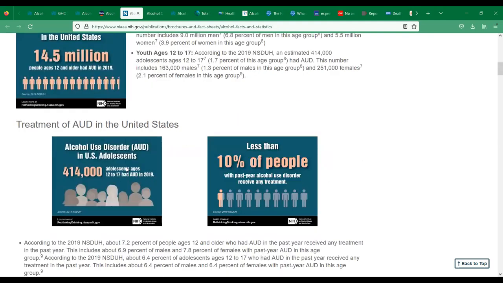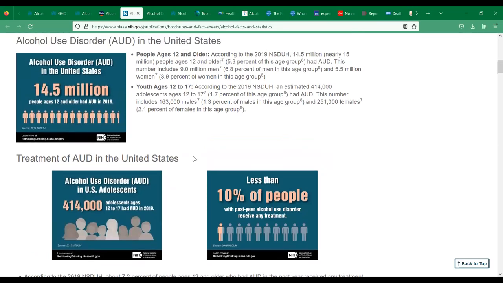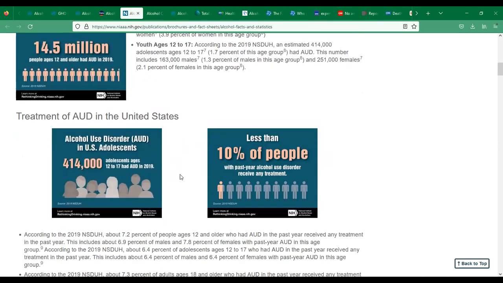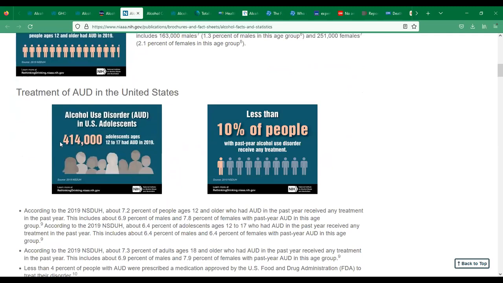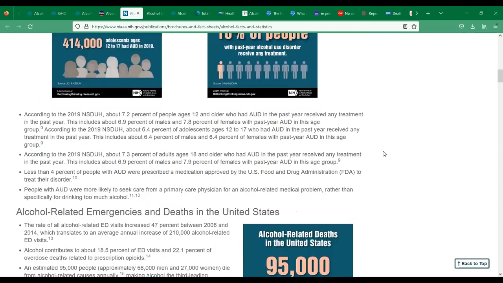Okay, treatment of alcohol use disorder in the United States: less than 10% of people received treatment in the past year. So that's something that needs more attention.